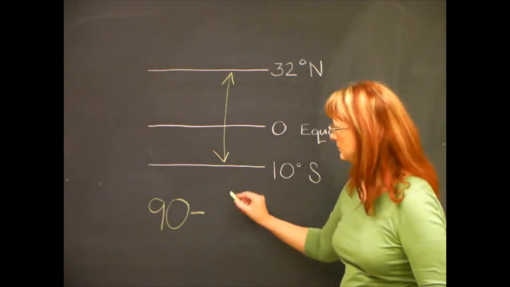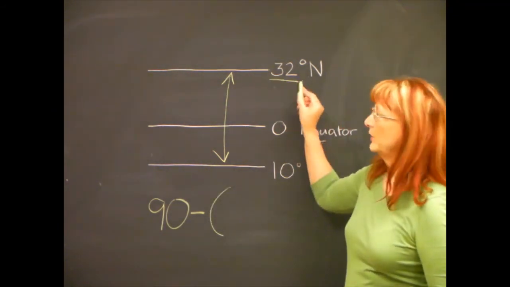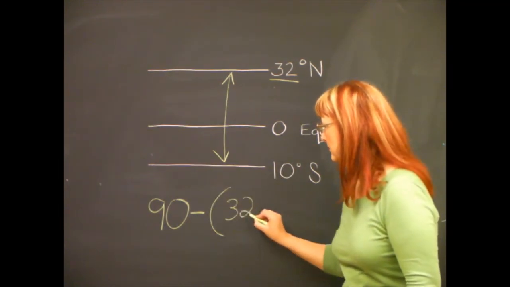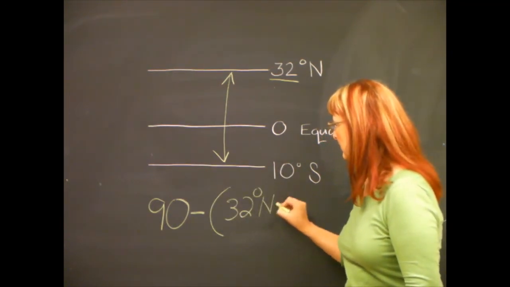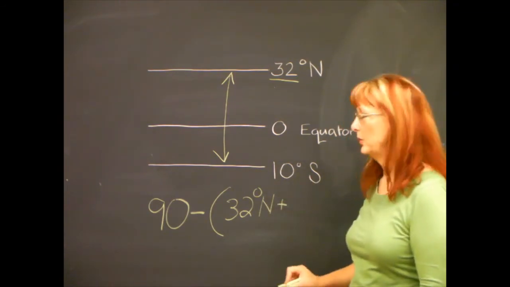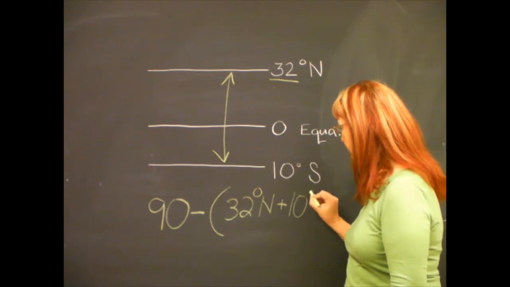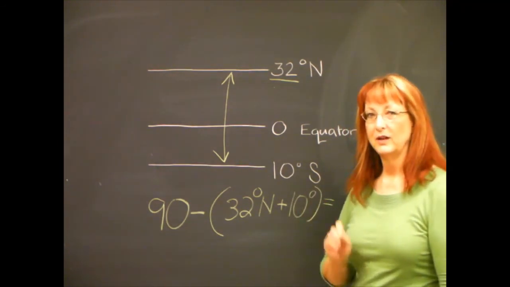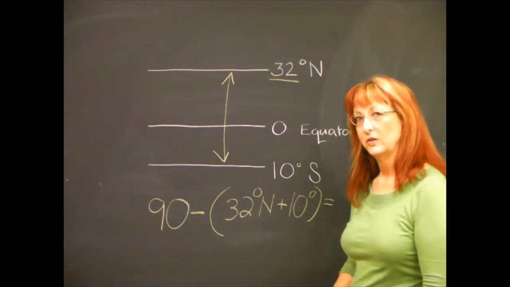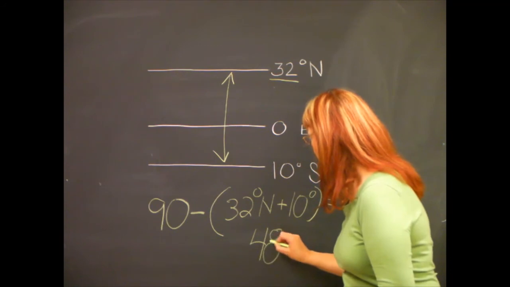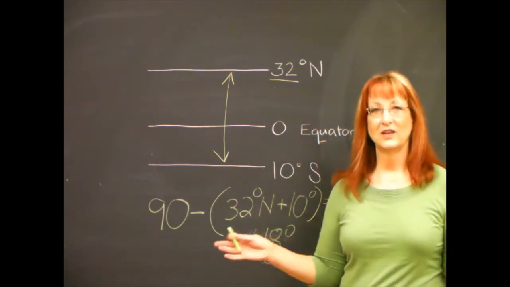So, we take our location, we add our subsolar point. This will give us our noon sun angle. It's that easy.